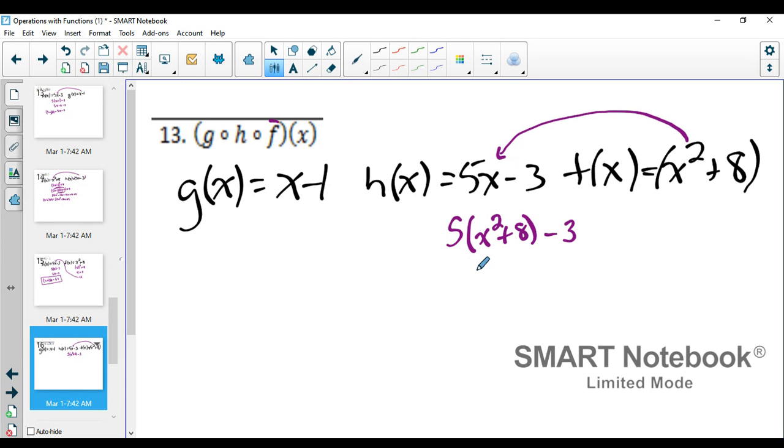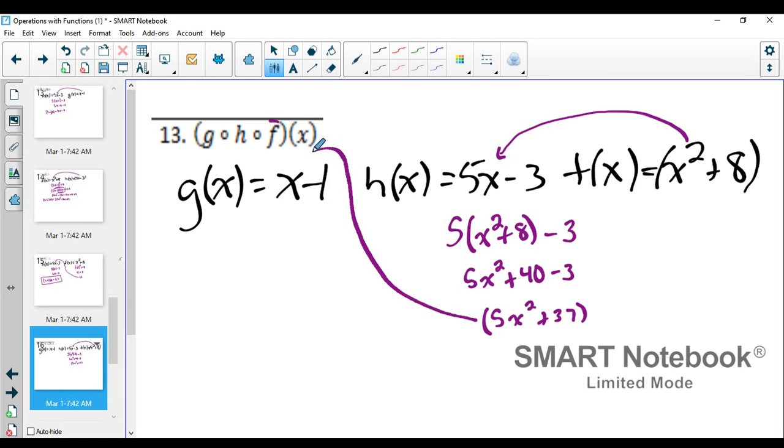So distribute this so that we get 5x squared plus 40 minus 3. And then the only like terms or common terms we have are 40 minus 3. So we have 5x squared plus 37. And now we're going to take all of this, because it's the answer of f of h, and we're going to take that and plug it in for x in this function.